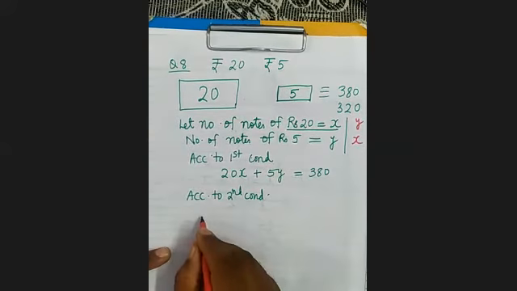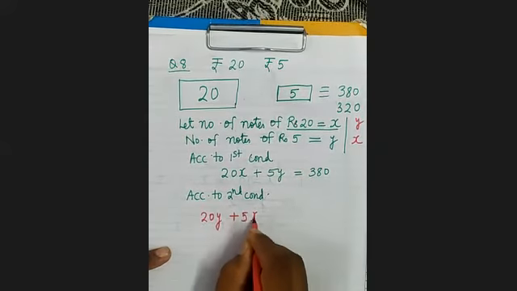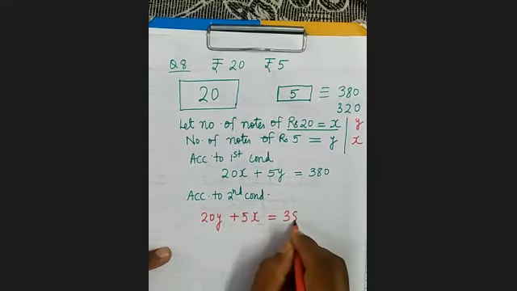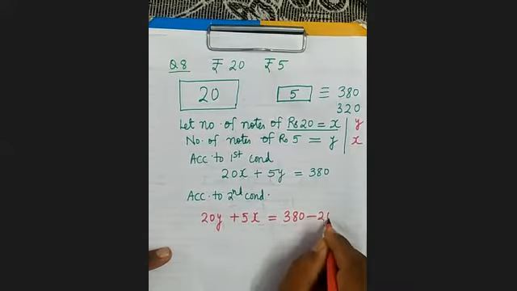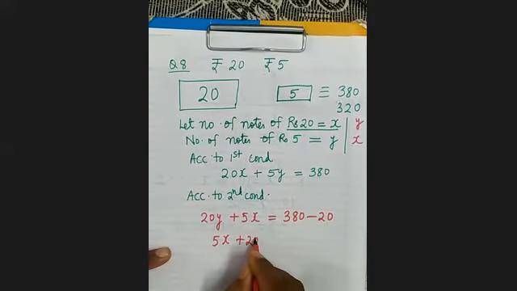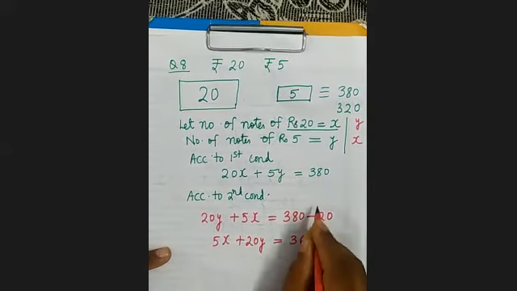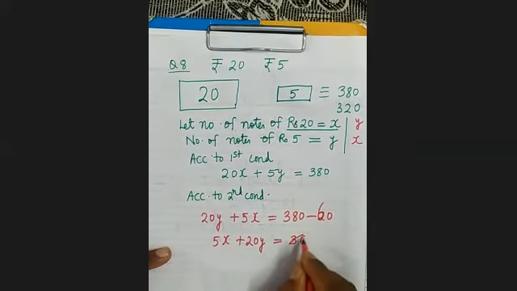It will be 20y plus 5x equals 380 minus 60. So it is 5x plus 20y equals 320.